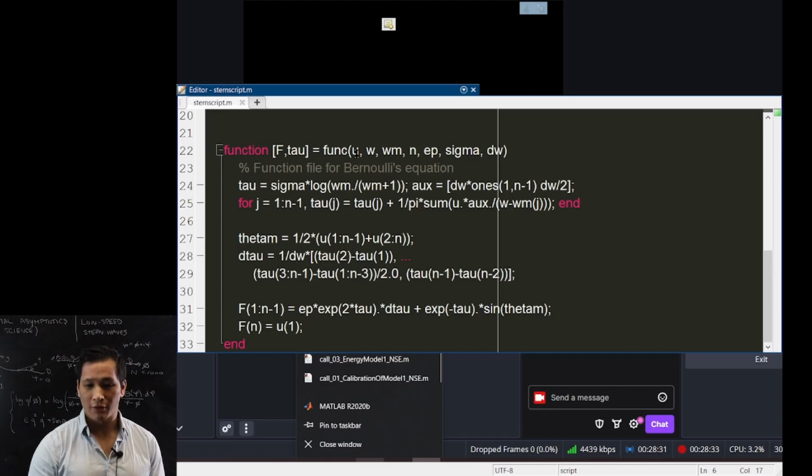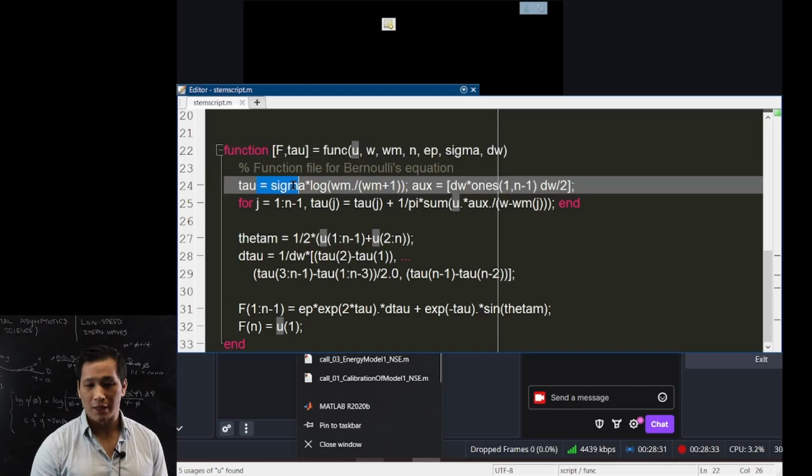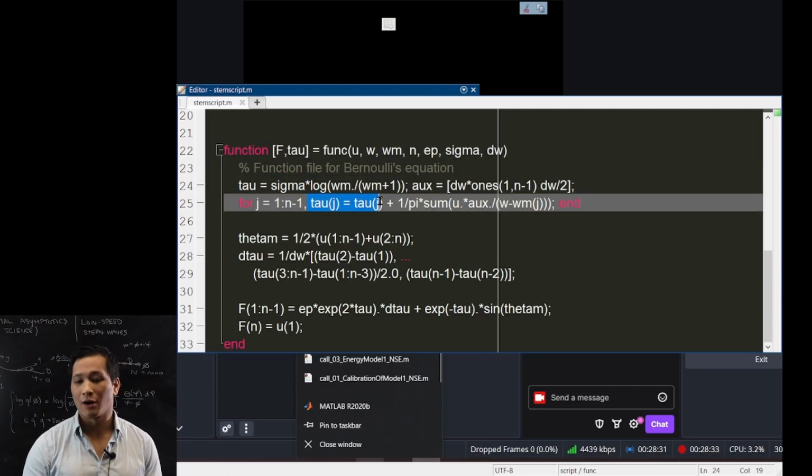Given the theta values, which is written as u, we first try to compute the integral. So the integral is computed here. Tau is log q. So you can see log q is equal to 1/2 log of phi over phi plus 1, and then you add that to 1 over pi times the integral, which is just the trapezoid rule applied to that integral.